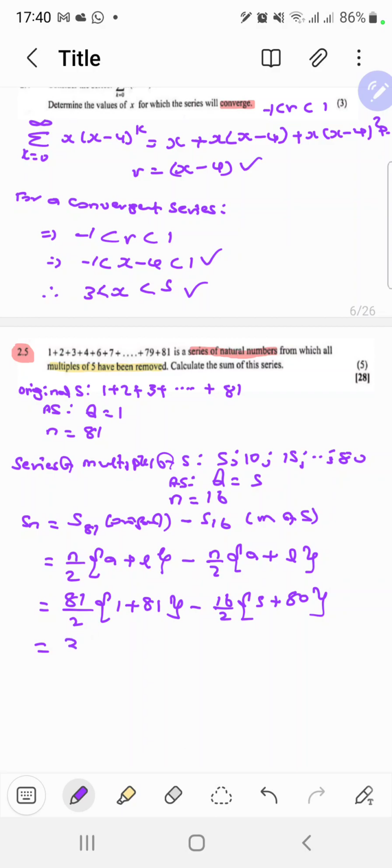So I'm getting 3321 minus, then when I sort this one out, I'm getting 680. So it's easier now to be sure what you are doing. So I'm getting 2641. Okay, not a problem. So this is the answer you're getting there.